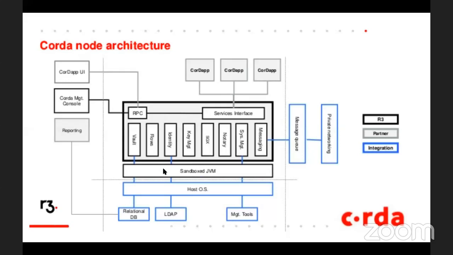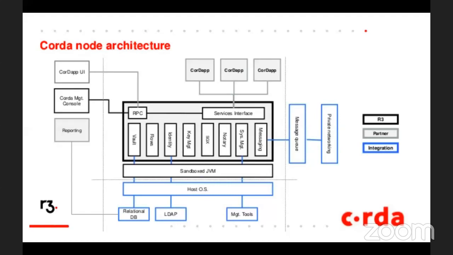All of them are connected to the sandboxed deterministic JVM and the operating system on which the Corda node is hosted, or the Docker container or Kubernetes container. And then there is a backend relational database. There is an LDAP registry, user registry, and other management and reporting tools.